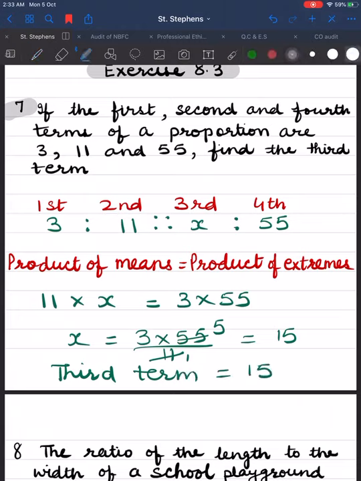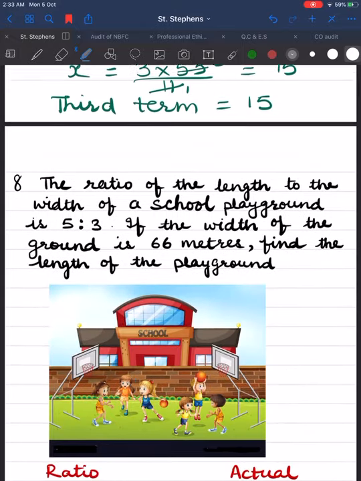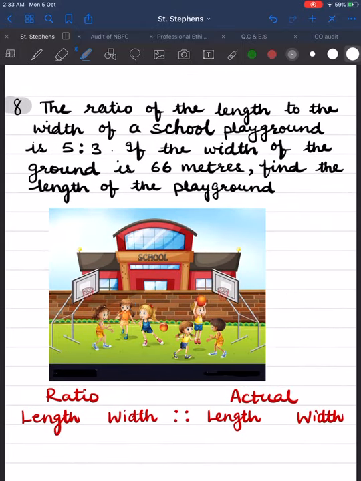Now let's do question 8. The ratio of the length to the width of a school playground is 5:3. If the width of the ground is 66 meters, find the length of the playground.